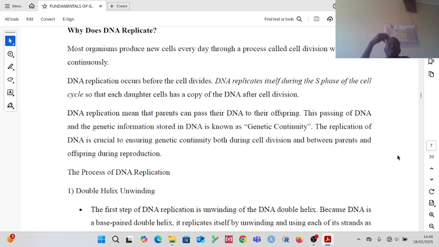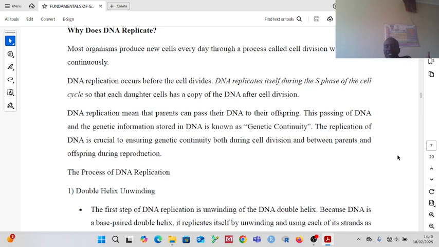So in a way, the genes continue to exist because they were passed to you. For the genes to be passed, there has to be an aspect of what? Replication. So DNA replication is crucial, is vital in ensuring that there is genetic continuity, both during cell division and between parents and offsprings during reproduction.